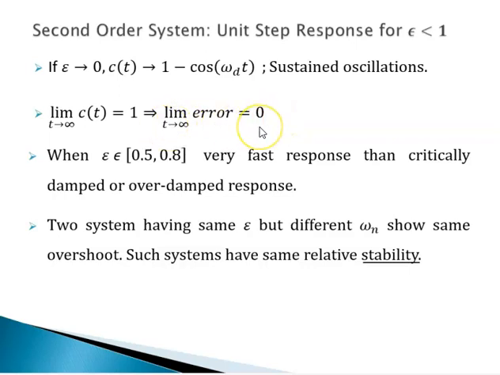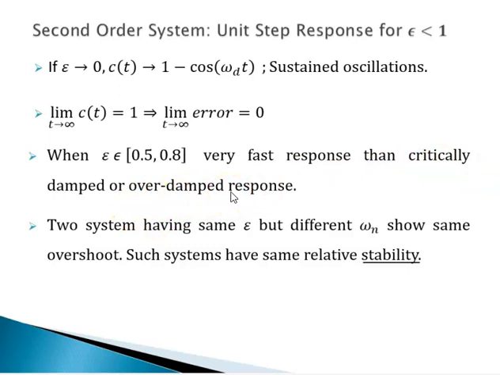And we can also see that when epsilon, the damping ratio, is within the range 0.5 to 0.8, we get a very fast response, maybe much faster or comparable to critically damped or overdamped systems.